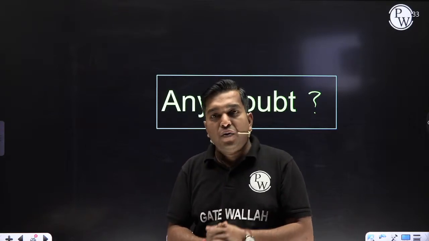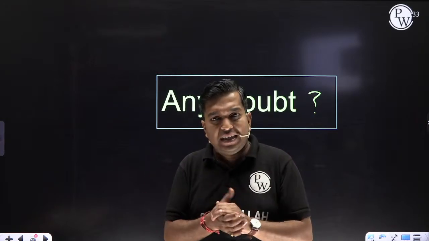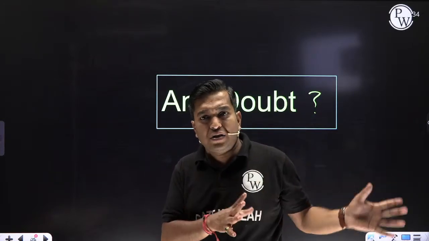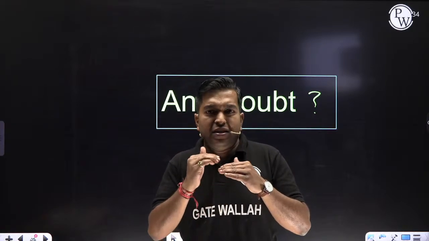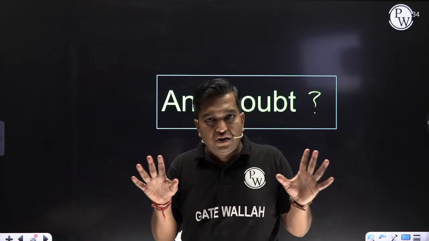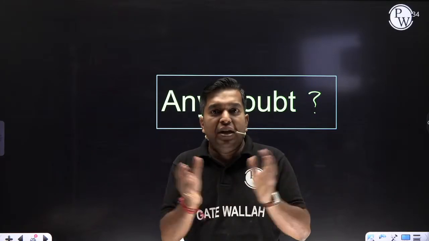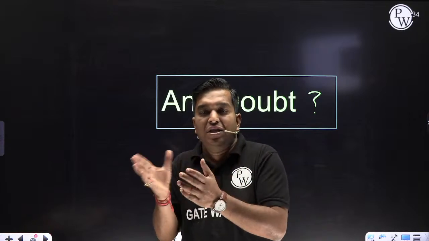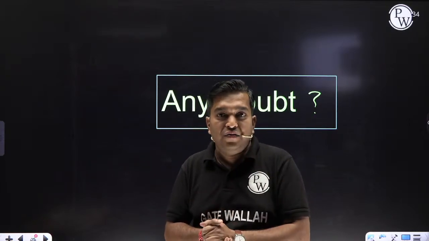VJ batch is especially for those who have passed out, who already cleared the GATE exam, and we assume they have a little conceptual knowledge. Then we don't start from the zero level. We explain the concept, but don't start from zero. There are also some differences in terms of practice questions, DPP or weekly tests. You can watch the complete video.